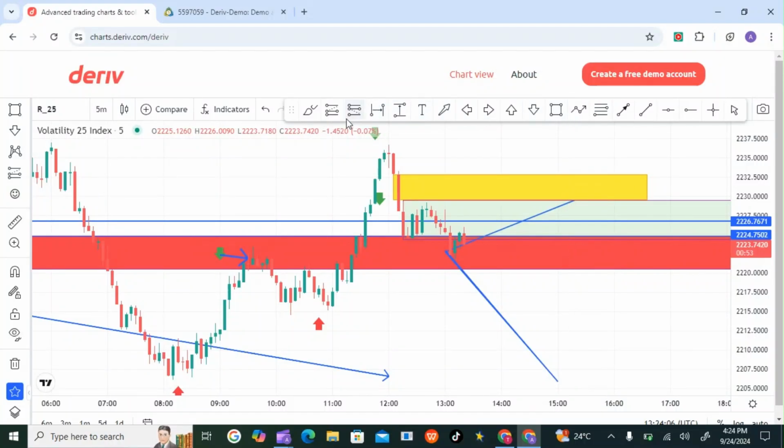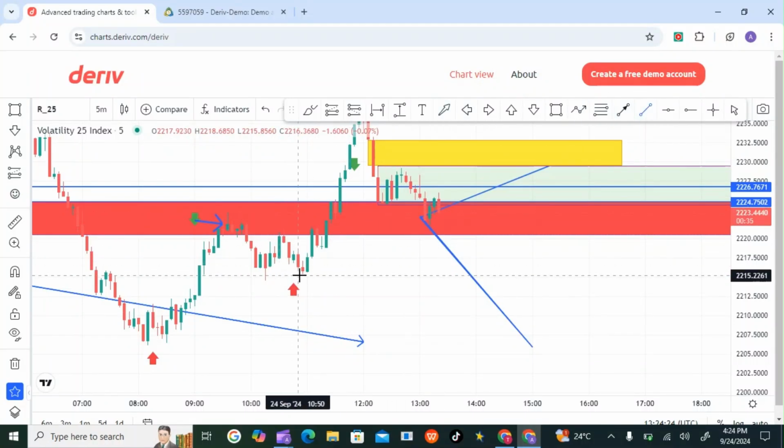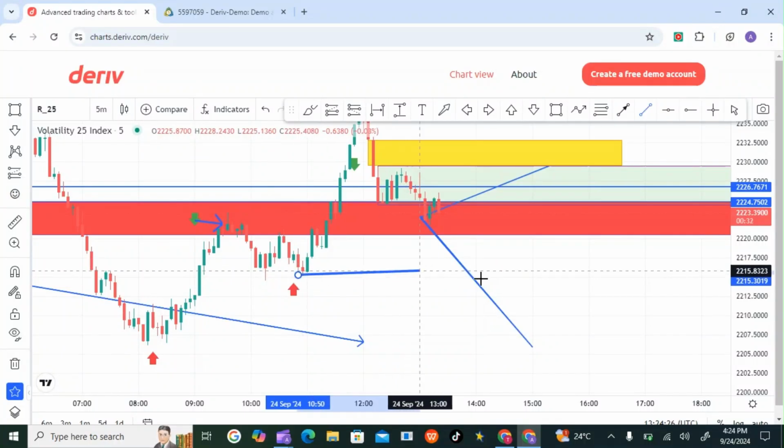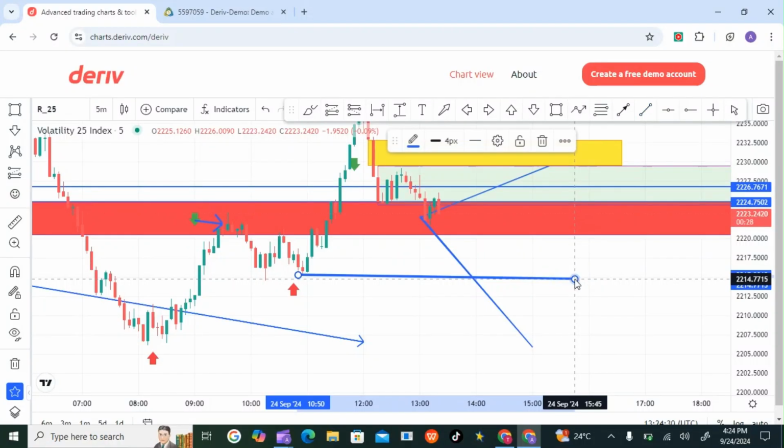So as a good trader, where do you think the market will go? After seeing this, the market now will move in the down direction. So if you are a good trader, where do you target? The first zone that I should target is this one.